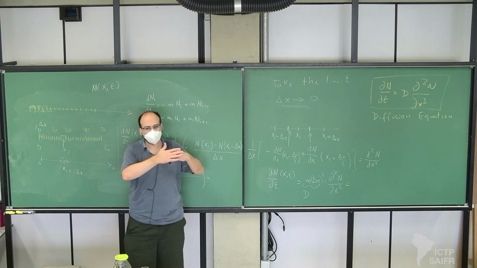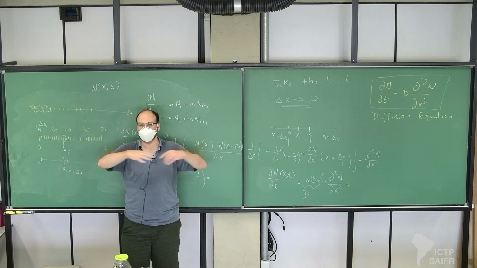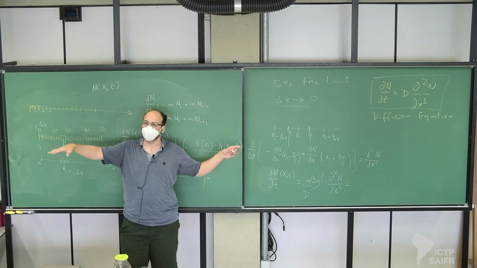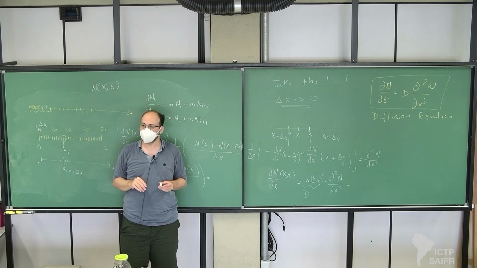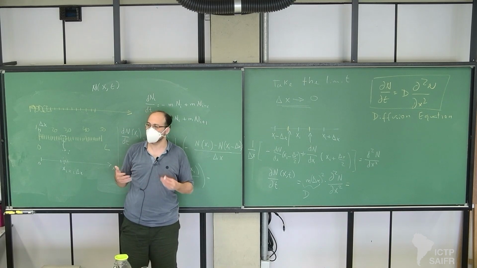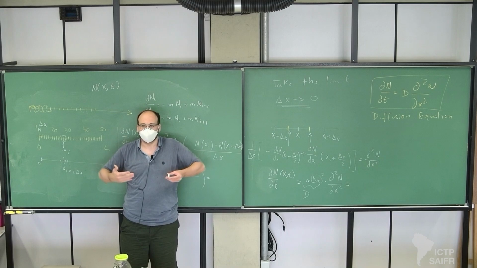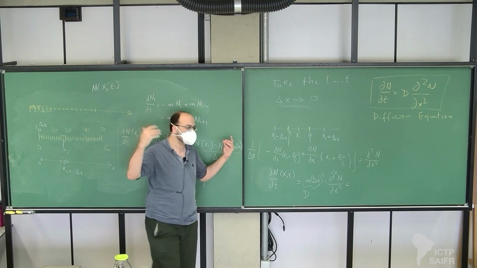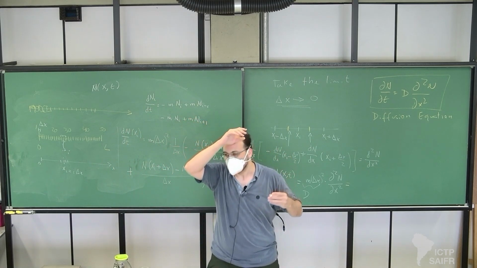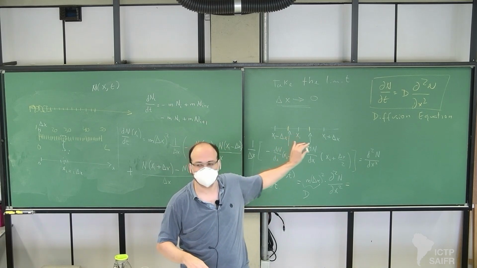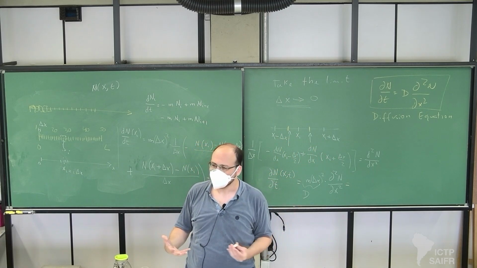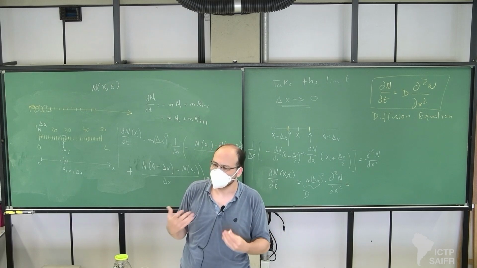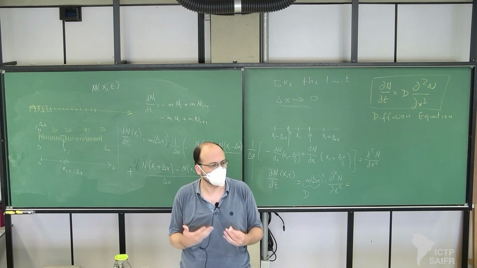The population tends to spread out and be evenly distributed over the whole space. Is that palatable? Physicists might already know about this, but for people who have never heard about it before, does that make sense? Can you get a little bit of a feeling about what this kind of equation does?